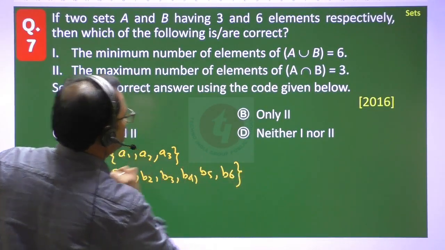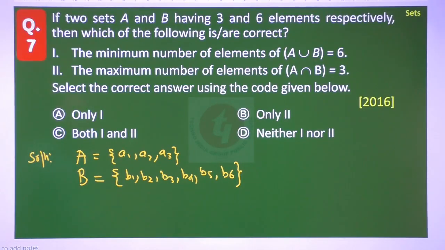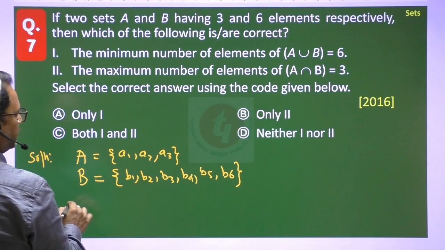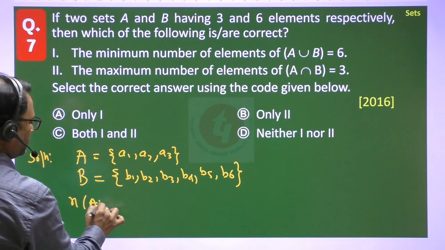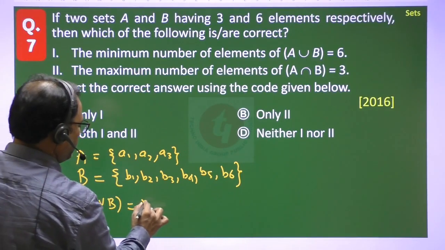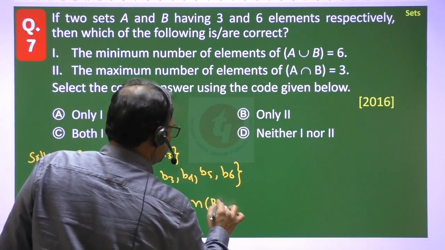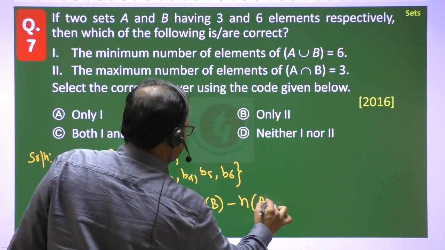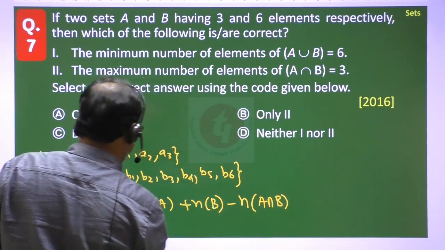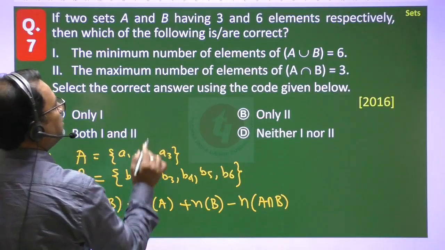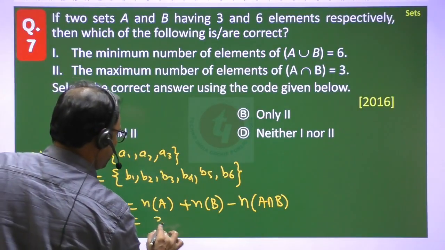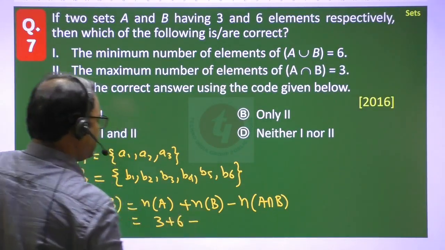Now if we apply the formula, n of A union B will be n of A plus n of B minus their intersection. n of A is 3 elements, n of B is 6 elements, so 3 plus 6 minus their intersection.